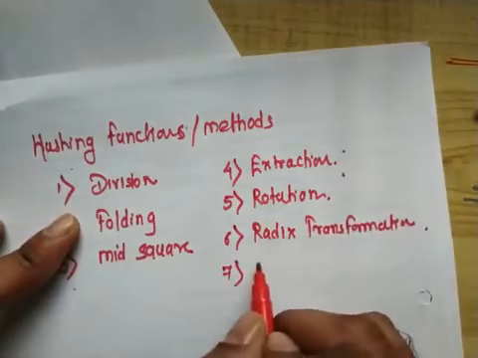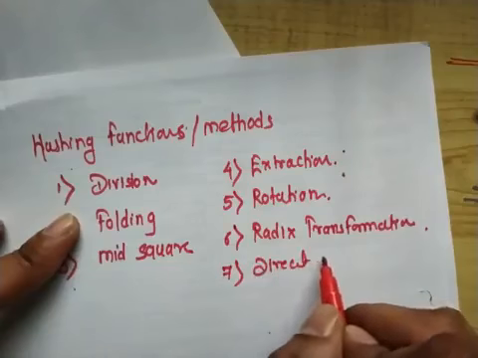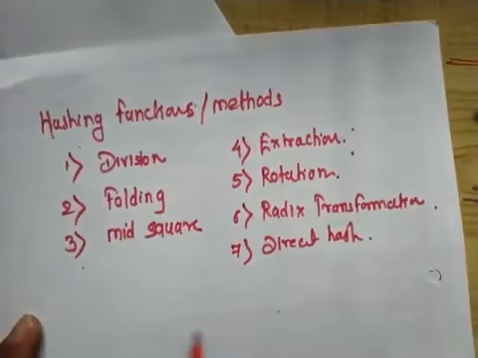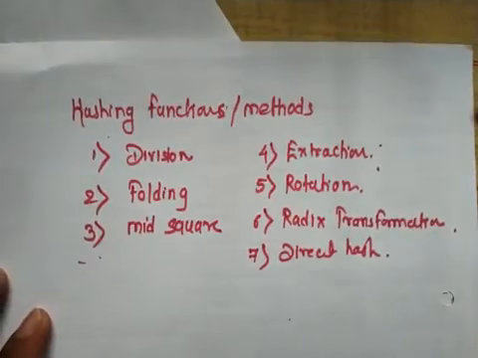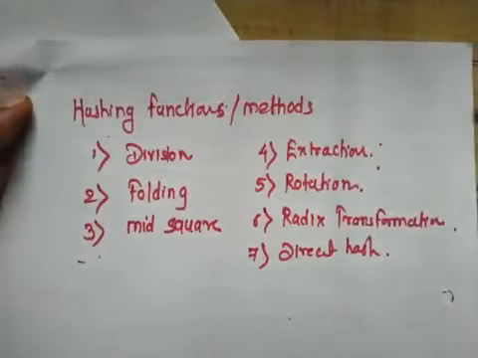Seventh, direct hashing function, or you can say method. So these are different types of hashing methods, or you can say functions, which will help us to store and retrieve data from a hash table. So let's start with the first hashing function or method, which is division hashing.